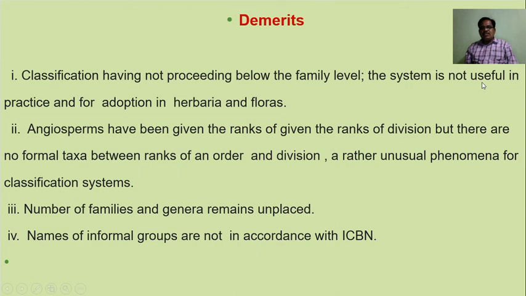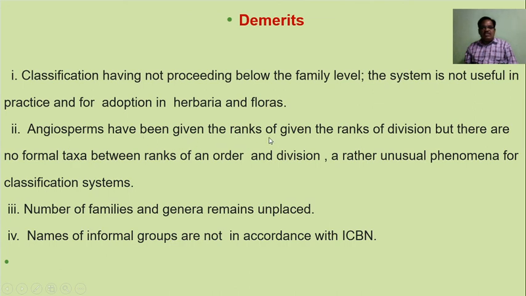The system is not useful in practice, as well as for the identification of herbaria or as a source of flora. Below the family there is the genus and there is the species. So genus and species are required for practical identification of herbaria and as a source of flora. But that does not happen because the classification is limited up to the family level.